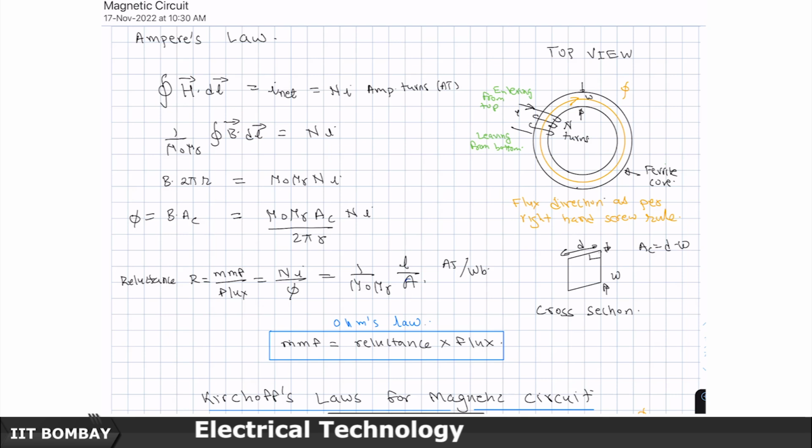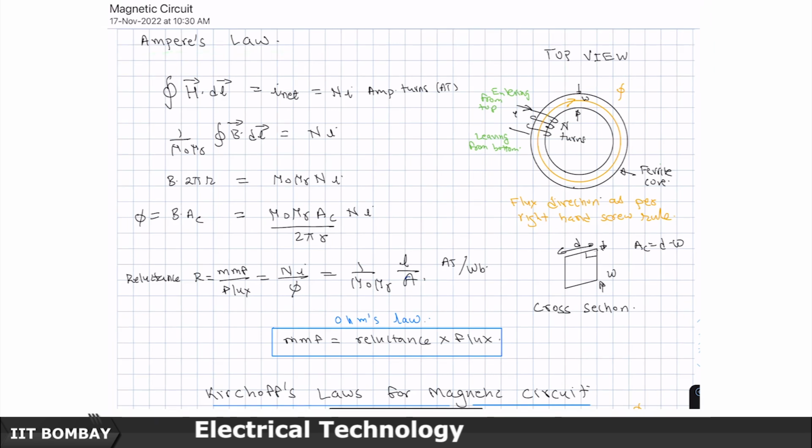In the process, we will also review Ampere's law. We will also review Faraday's law of electromagnetic induction, the right hand screw rule, and Lenz's law. So, most of those concepts will also be brushed up or revised. So, let us start with Ampere's law first.